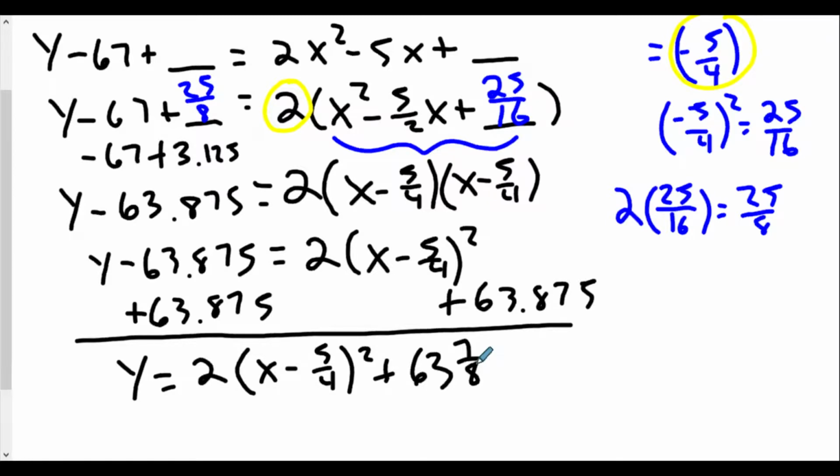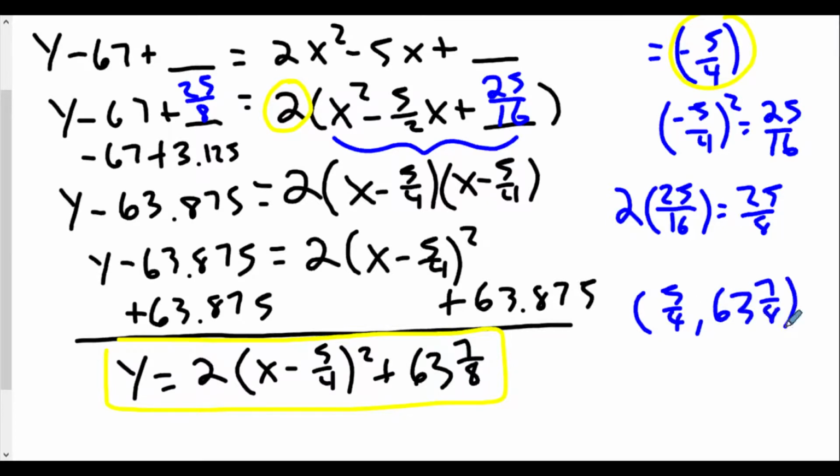That's our vertex form, which means our vertex would be 5 over 4, comma, 63 and 7/8. Okay? Which is not a very nice function to look at, no.